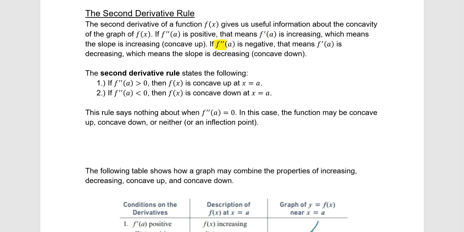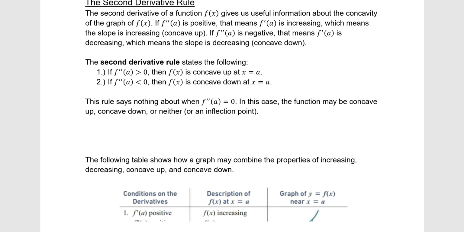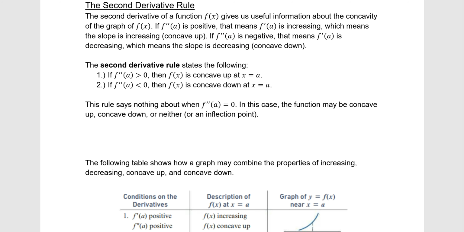If f double prime is negative, that means f prime is decreasing, which means the slope is decreasing, which means concave down. In the last section, we weren't really using that terminology too much because it gets confusing.